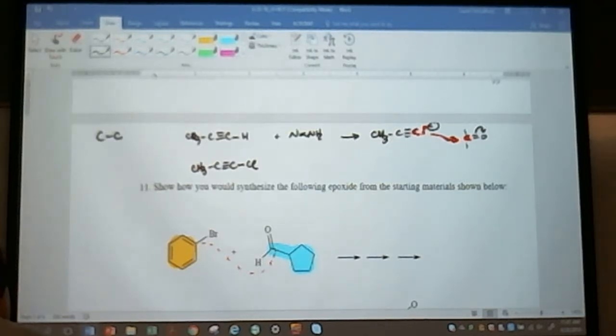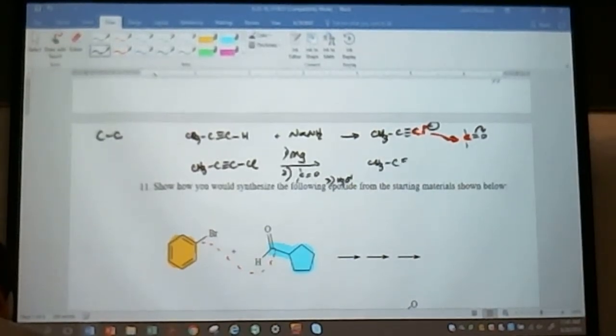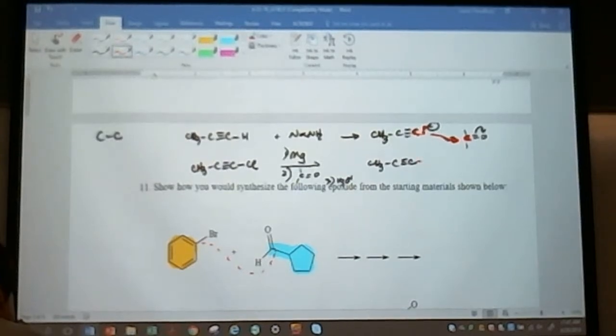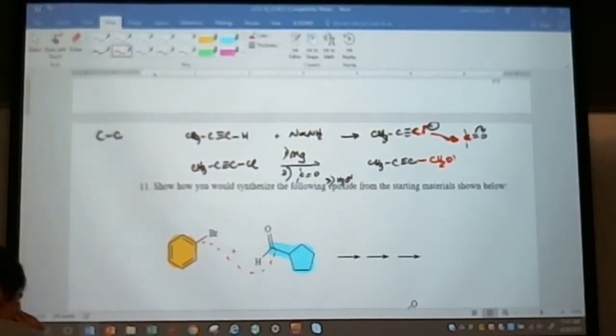This is a lot broader. And you put your magnesium, make the Grignard, you add your carbonyl, whatever it happens to be, you quench, and at the end of the day, you form that critical carbon-carbon bond, whatever it happens to be.